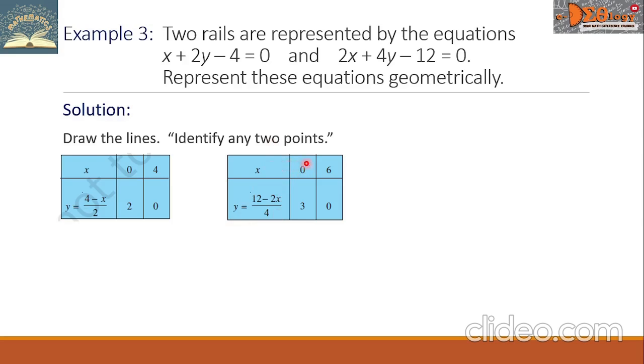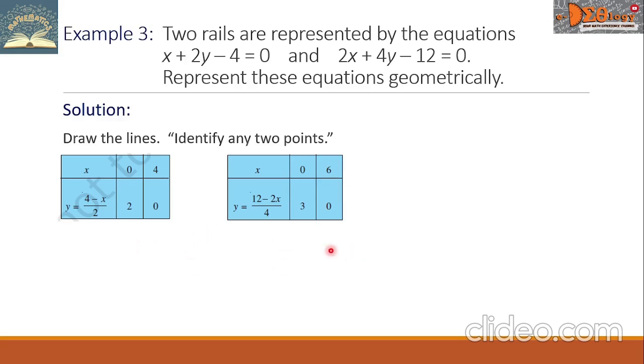We substitute 0 to this equation. The value of y is now 3. Next, we can assign 0 to y here. Then we solve for x. The value of x will be 6. Therefore, for the second line, the 2 points are (0, 3) and (6, 0).